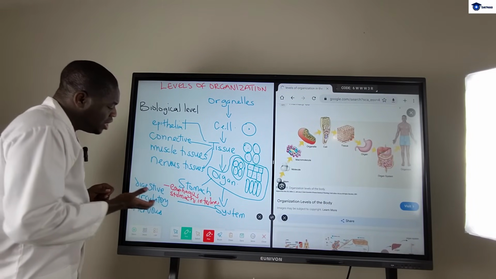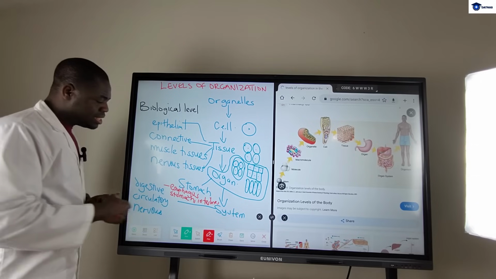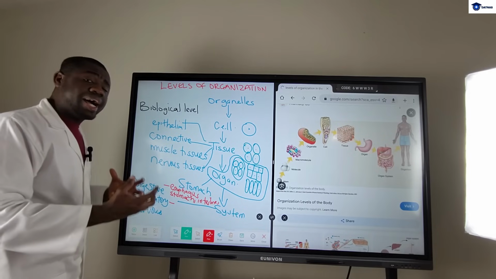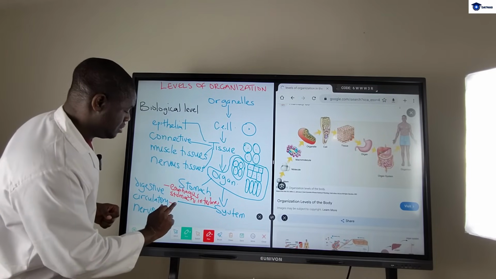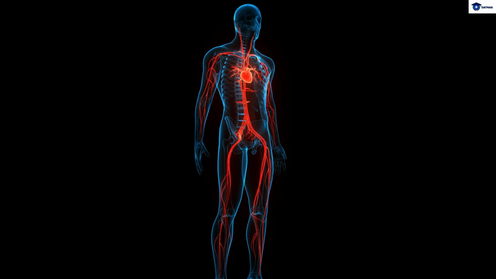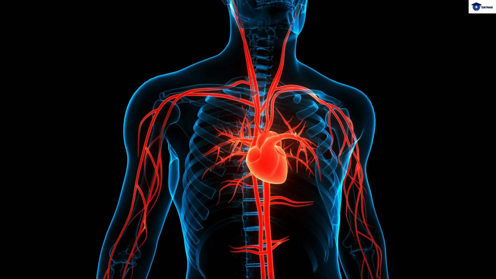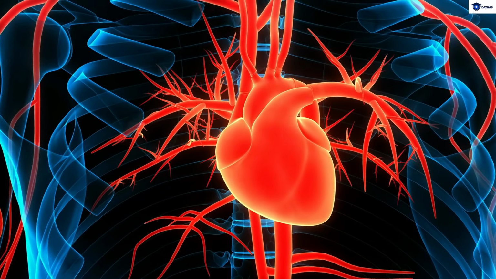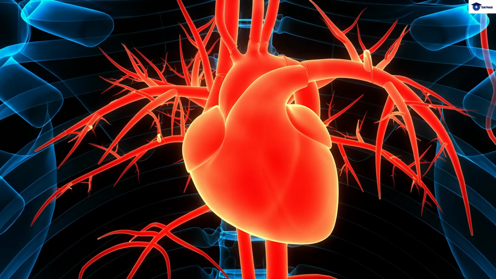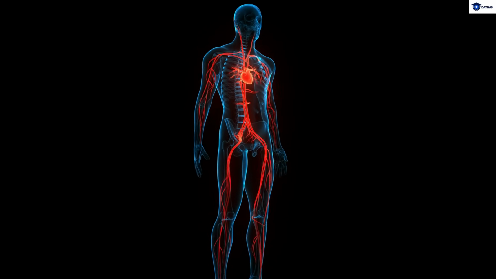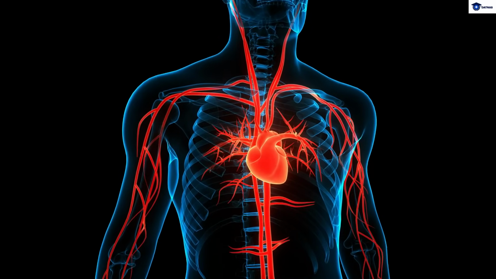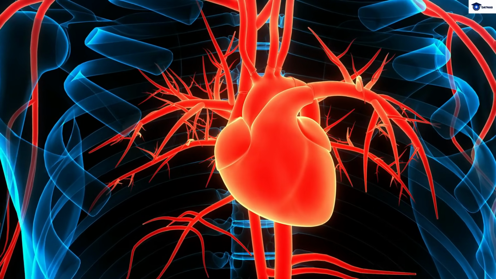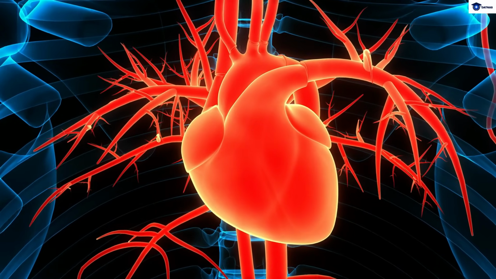What about the circulatory system? The circulatory system is formed by blood, heart, and the blood vessels. So the blood, the heart, and the blood vessels form the circulatory system.